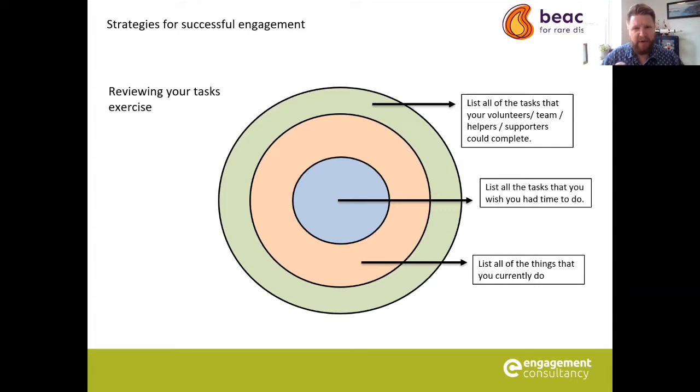And then on the orange circle, list all the things that you're currently doing, and those are the things that you might want to consider. Could you delegate that to another member of your team, or can you recruit a volunteer to take on that role? So if you're thinking, I wish I had more time to spend on strategic partnerships, but I don't have enough time to do the social media as well, do I need to recruit a social media volunteer to help run and manage that for me?